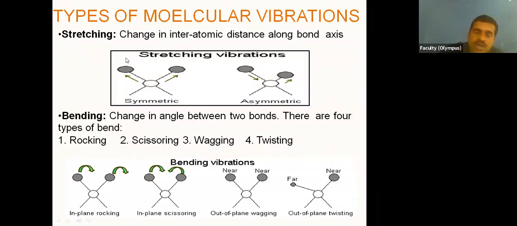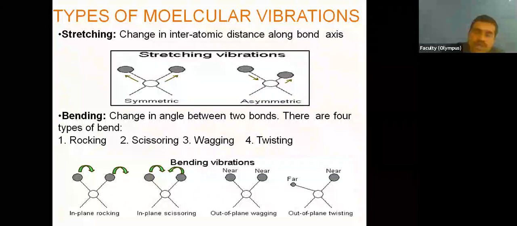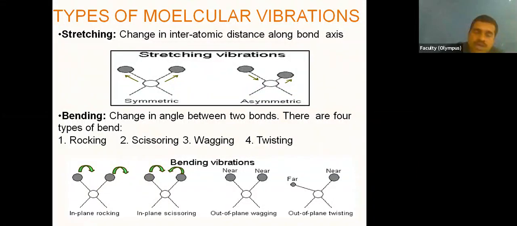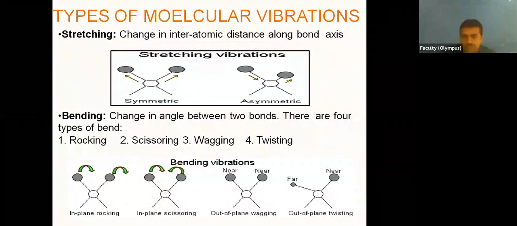Another type of stretching vibration is called asymmetric stretching vibration. In asymmetric stretching vibration, one bond is compressing whereas at the same time the other bond is elongating, just like this one.